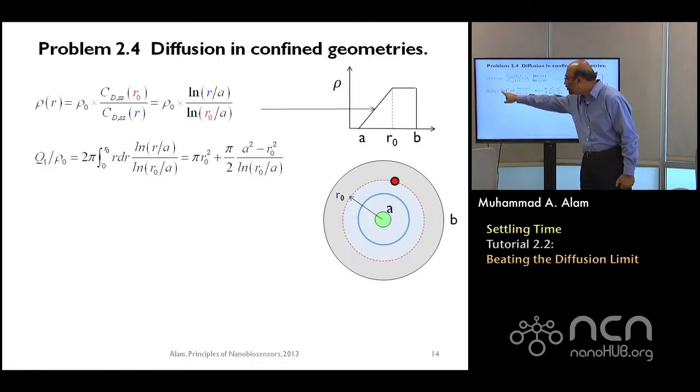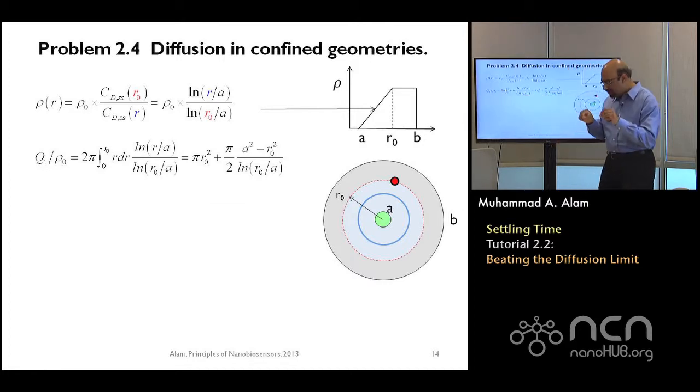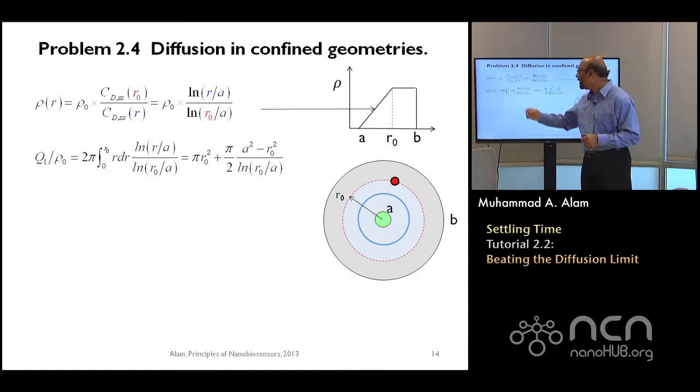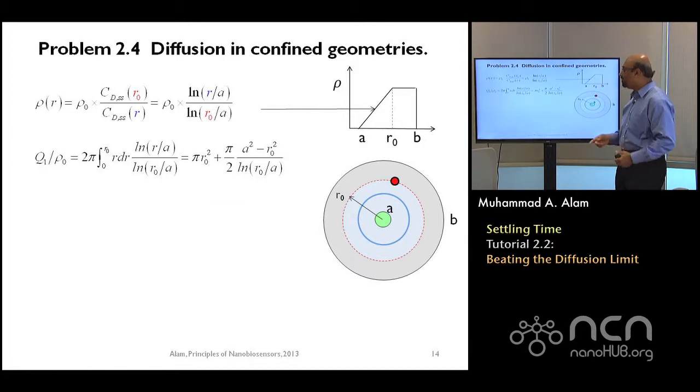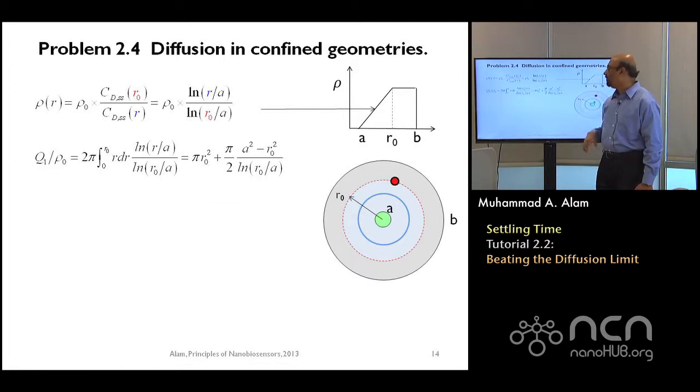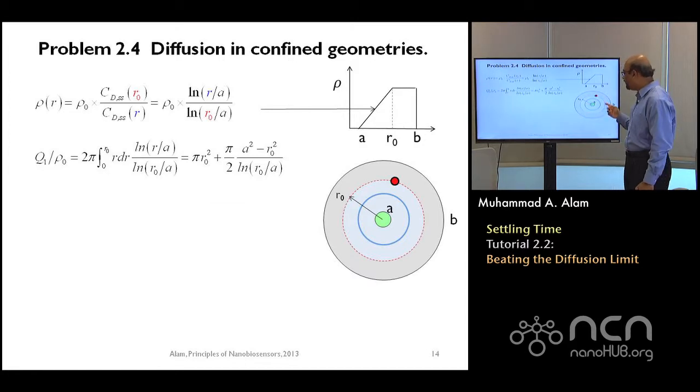I have to multiply 2 pi R, that gives me the blue ring, and dr is the thickness of the blue, and I have to integrate from A to R0, and once I integrate it, I'll get a formula. So that will be the total amount of quote-unquote biomolecules between R0 and A I have.